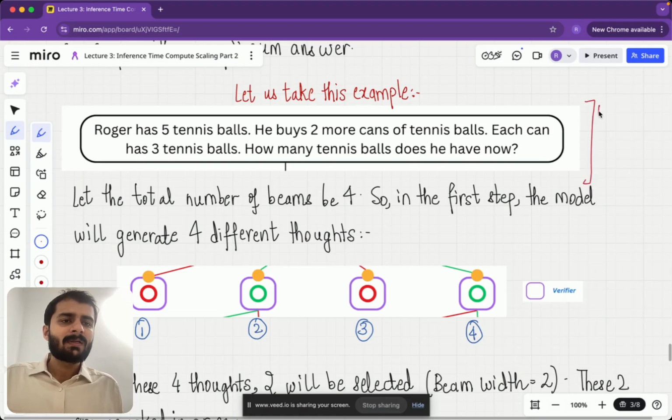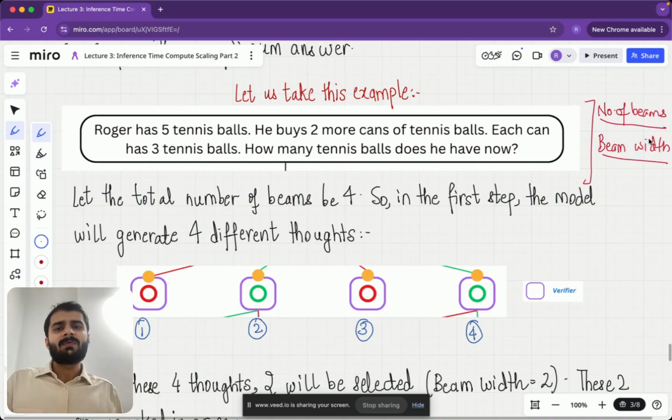The first parameter is the number of beams, and the second parameter is the beam width. In this example, the number of beams we are going to fix as 4, and the beam width we are going to fix as 2.